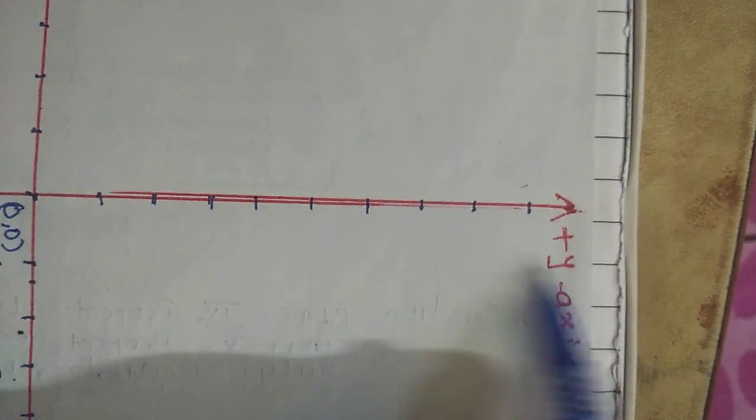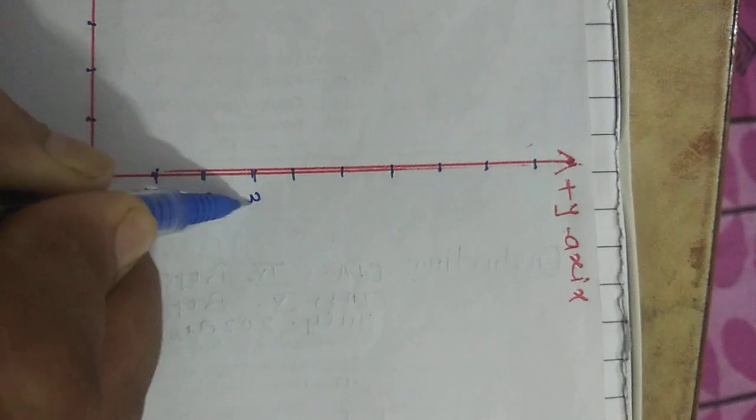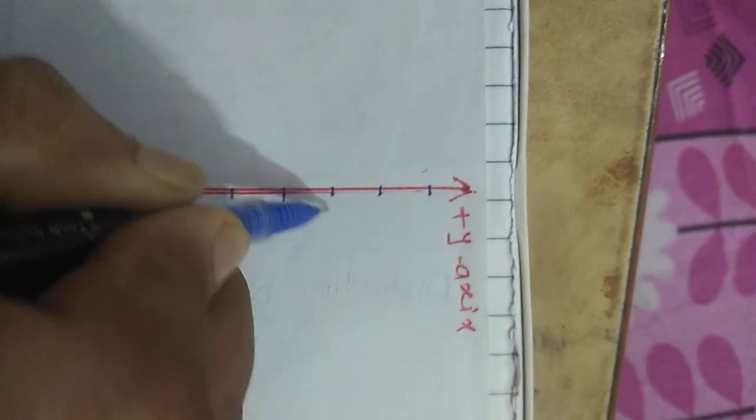And then from here on the perpendicular, standing line, this will be your +1, +2, +3, +4, +5, +6, +7.